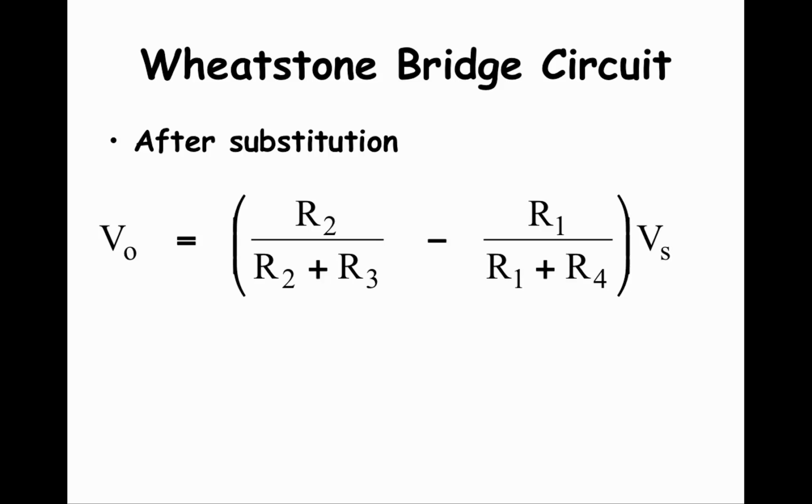After making the substitutions, we get the equation shown that gives V0 shown below. We are going to use this equation multiple times during our discussion on Wheatstone bridge circuits.